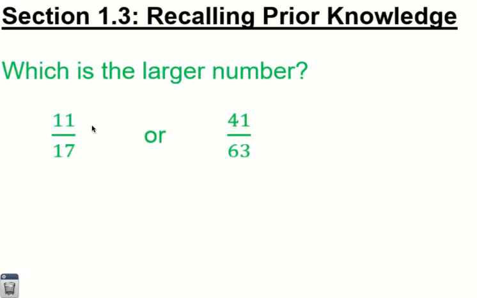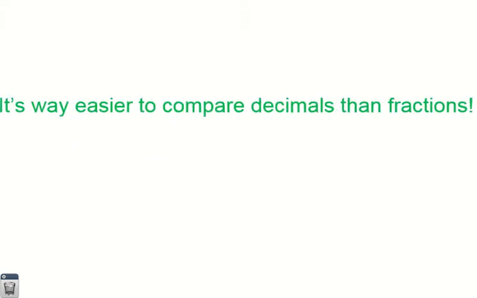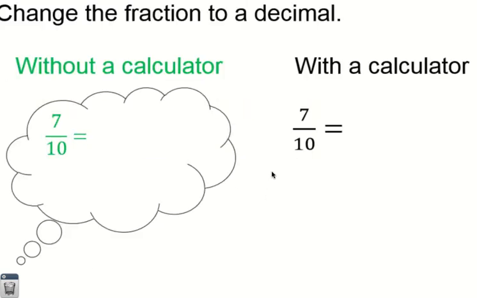So it'd be really nice if these were in decimal form, because in my mind it'd be a lot easier to tell which one was larger. There are ways to rewrite these numbers in different forms. So let's review how to change fractions to decimals.